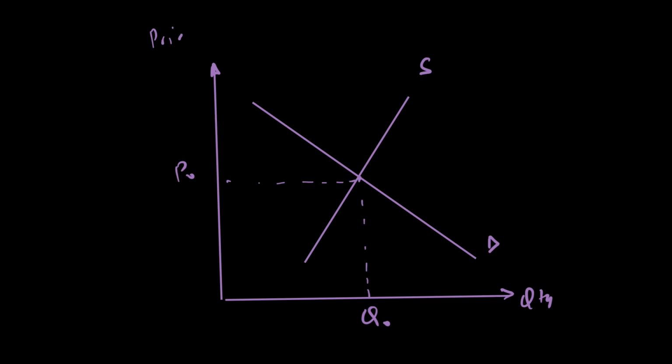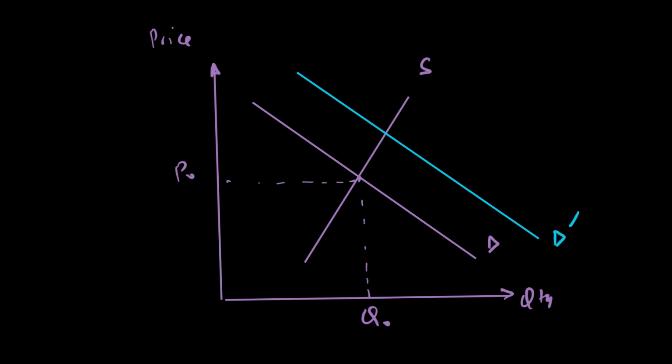Now, how will having hot chocolate resulting in your health to improve result in a demand curve to change? And the answer is this is good news for producers of chocolate because the demand for chocolate will go up. So when the demand was D, now the demand curve will be D dash.